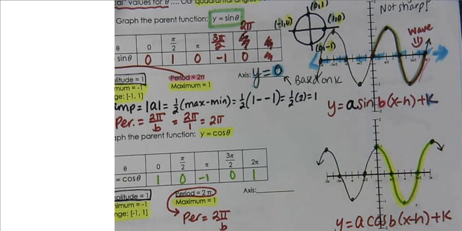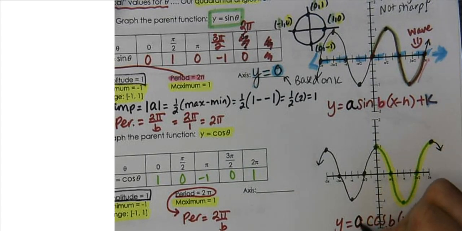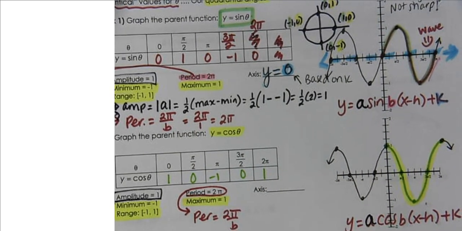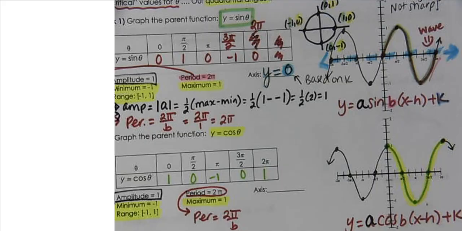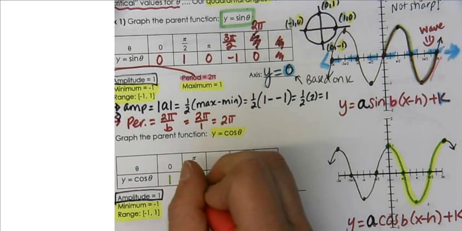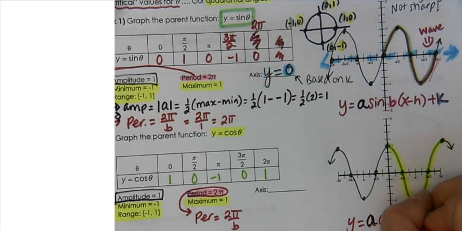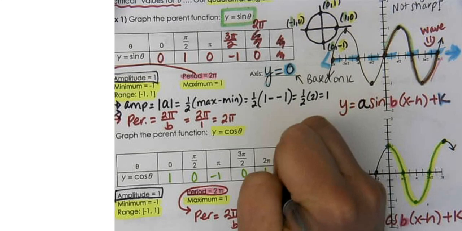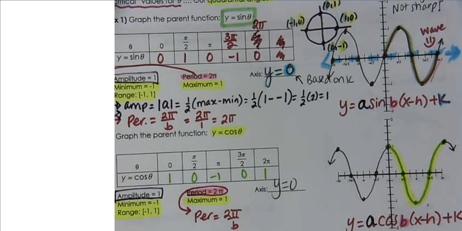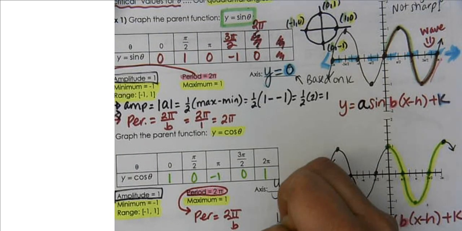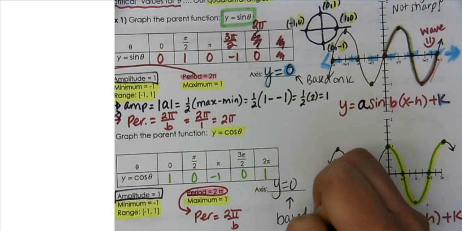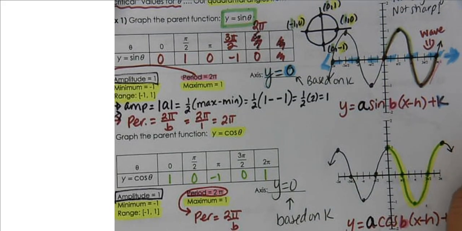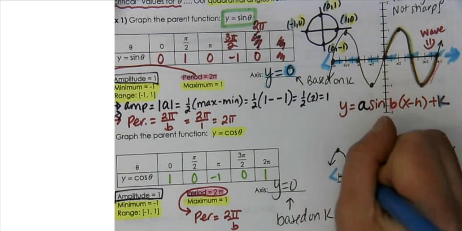And that is where the a value, the number that's in front of cosine, affects your amplitude, and what affects your period is going to be that b value. Our axis is still going to be at y equals 0, and it is still once again based on k. And we always draw it as a horizontal dashed line.